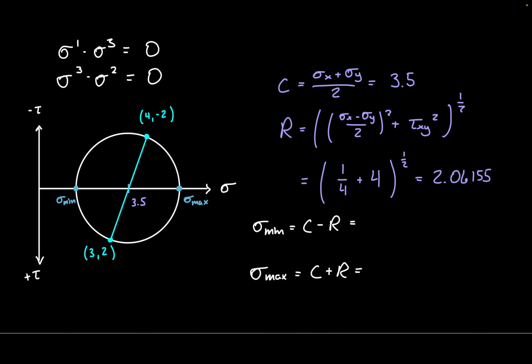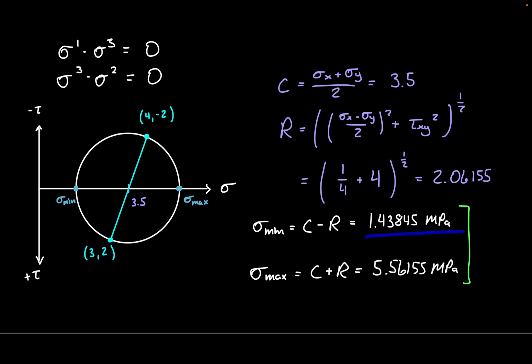So if we do C minus R, we get 1.43845 megapascals. And if we do C plus R, we get 5.56155 megapascals.